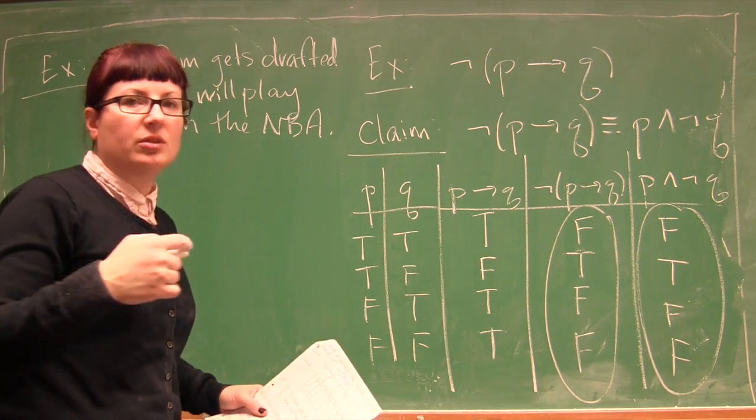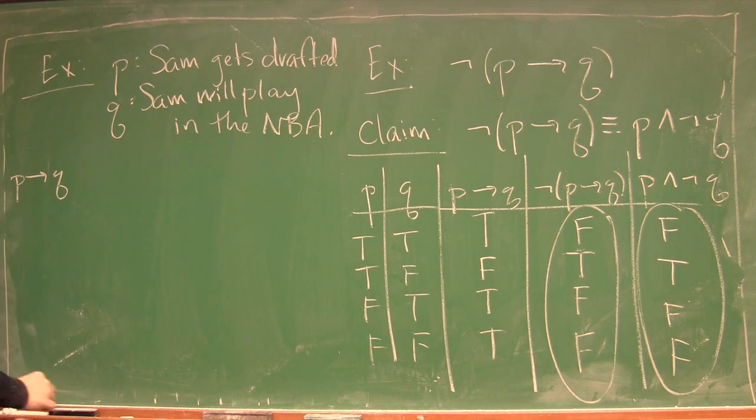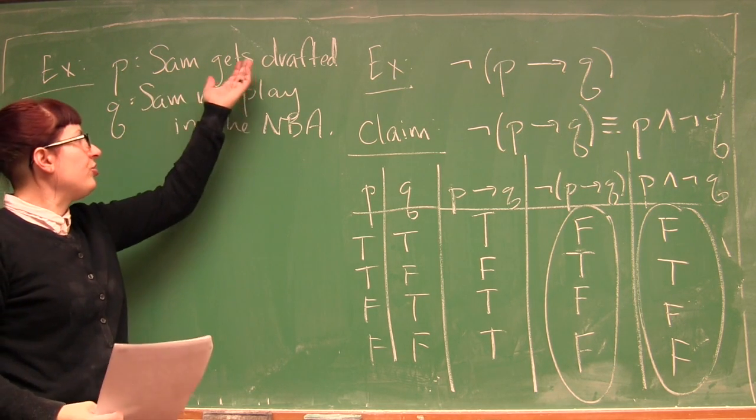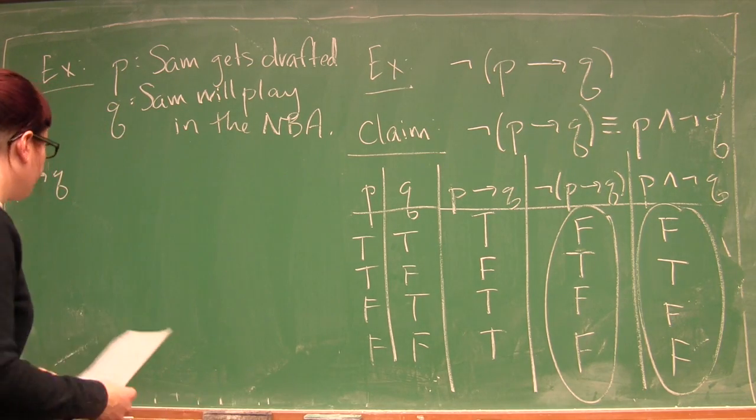So the proposition P implies Q is the proposition if Sam gets drafted, then he'll play for the NBA, right?